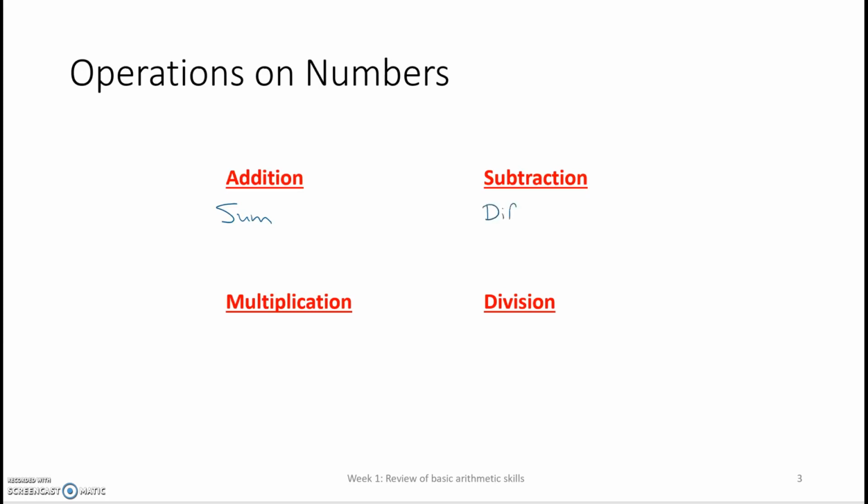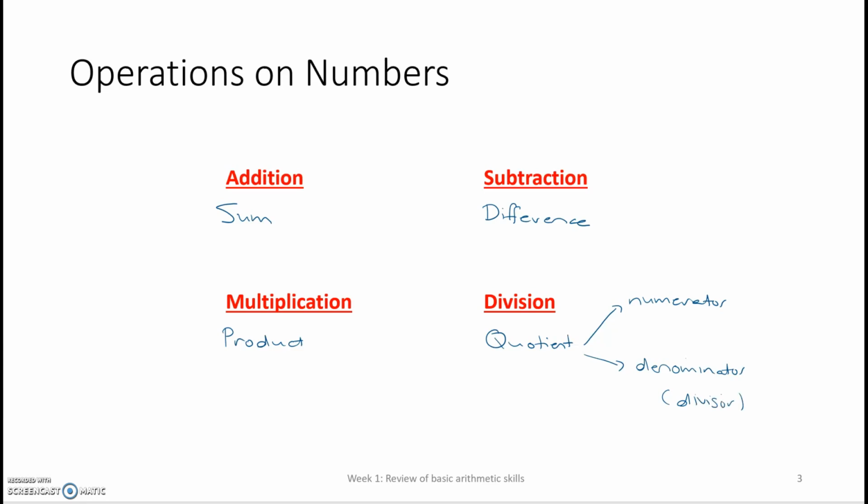Subtraction, we'd be looking at the difference between some terms. Multiplication, we'd be looking at the product. Division, we talk about a quotient. That's the big fancy word for division. And then within that, we'd be looking at the numerator and the denominator, or sometimes the divisor.